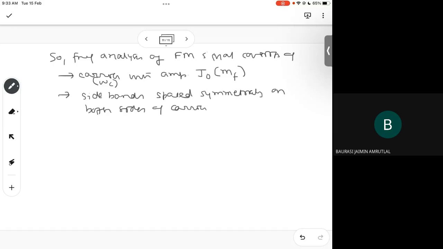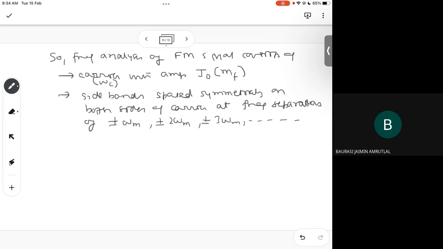And then we get many terms which have a frequency separation of plus minus omega m, plus minus twice omega m, plus minus 3 omega m, and so on.